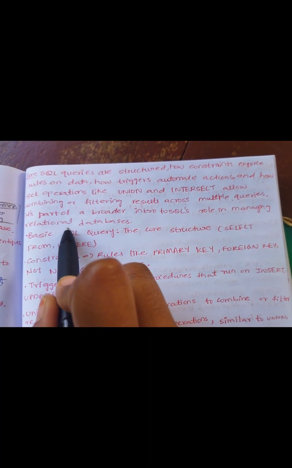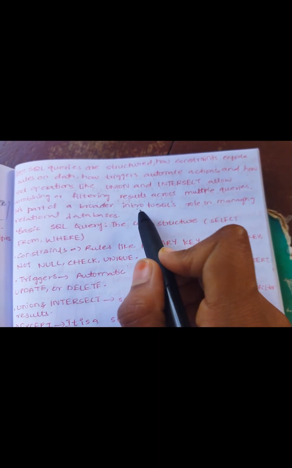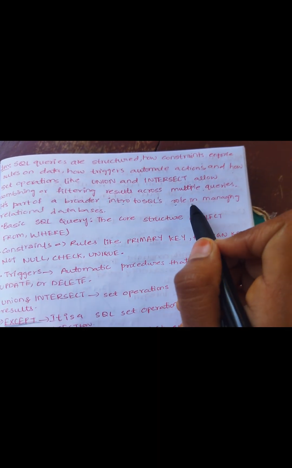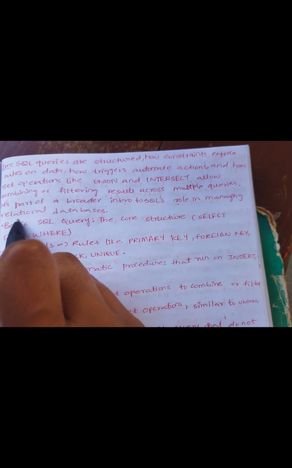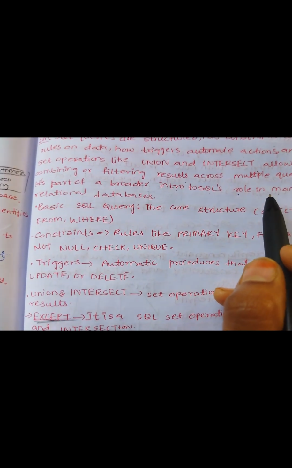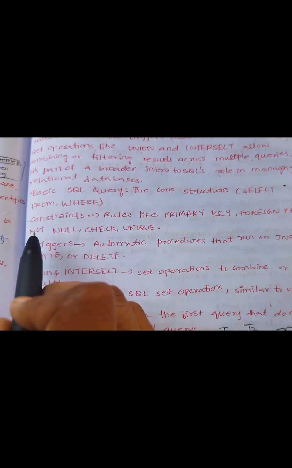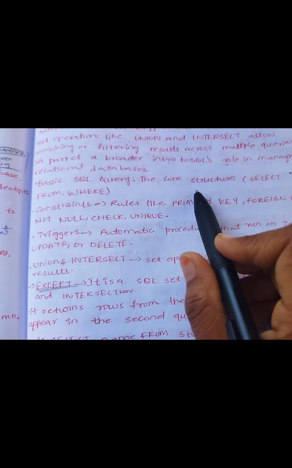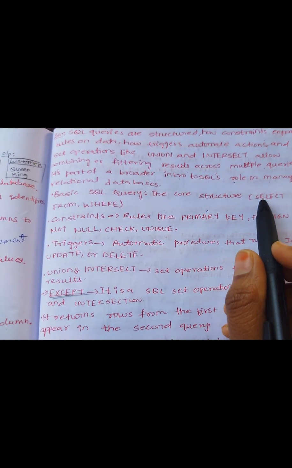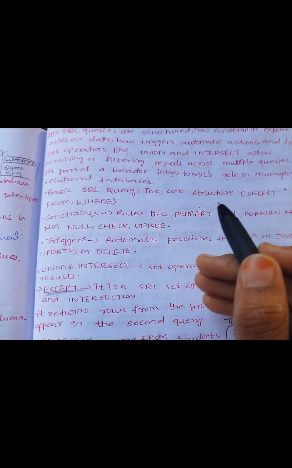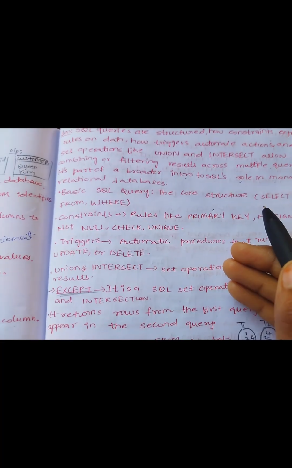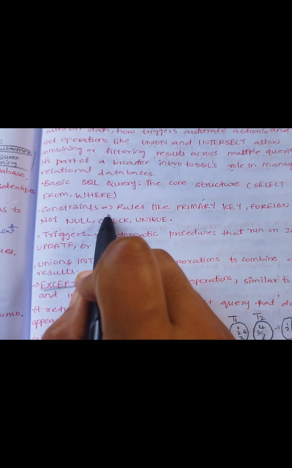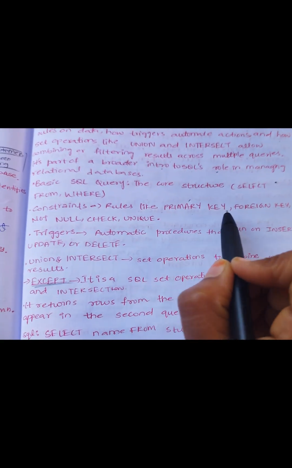It's part of an introduction to SQL queries and their role in managing relational databases, like a basic SQL query. The core structure is select, from, where. Selecting an element from a table where we are choosing is known as the SQL query concept.